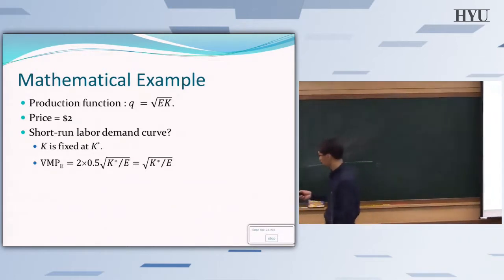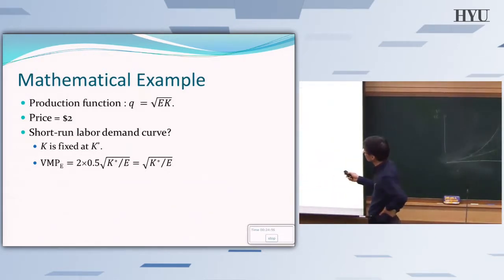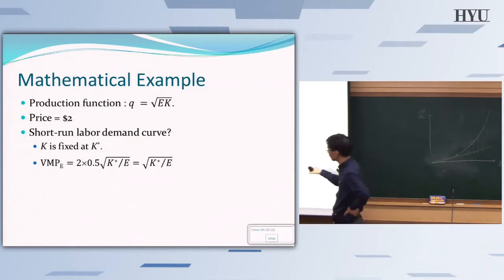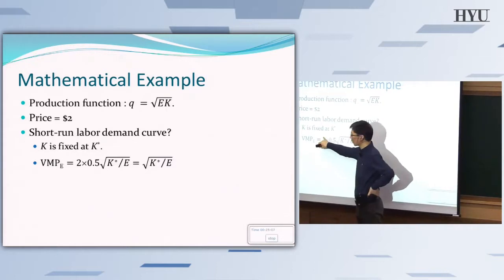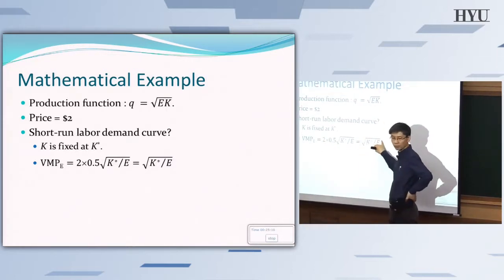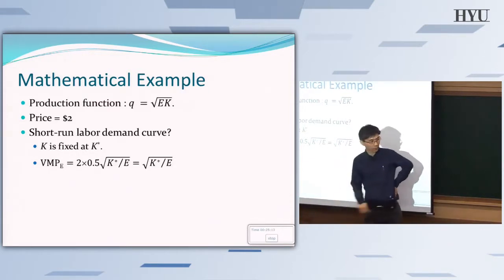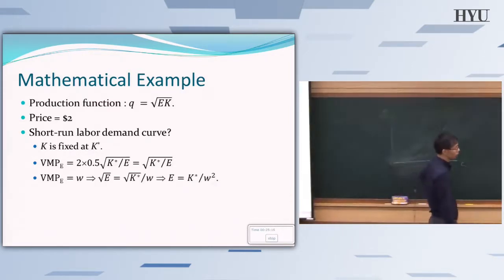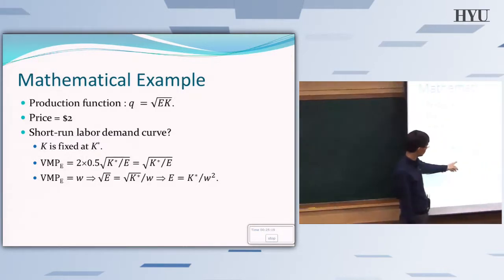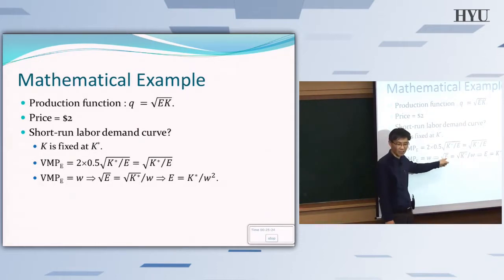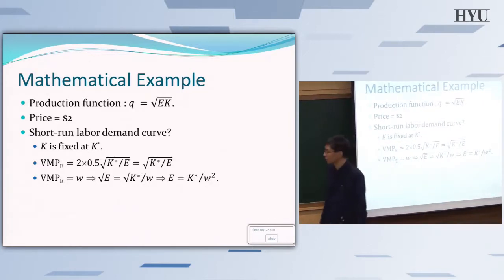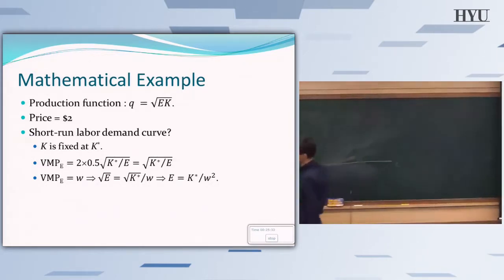So you differentiate the production function with respect to E, then you get the marginal product of labor. This is the marginal product of labor equation times price 2. Then you get the VMPE equation. And the VMPE equation should be equalized to W. Then from this equation, you just write everything with respect to E. That is your labor demand curve. Okay? So E equals K star divided by W squared.